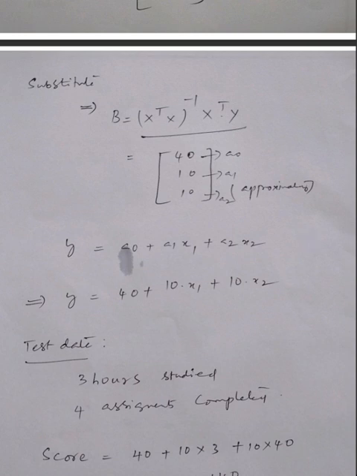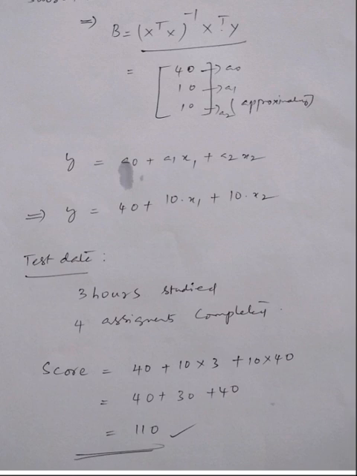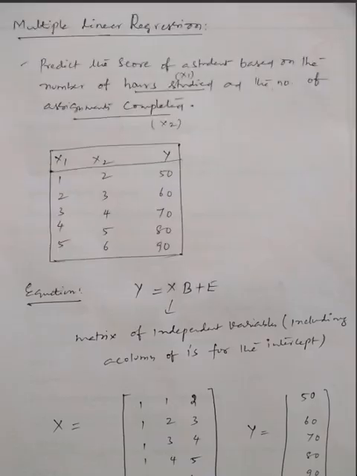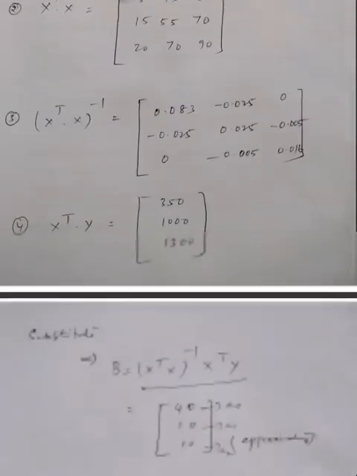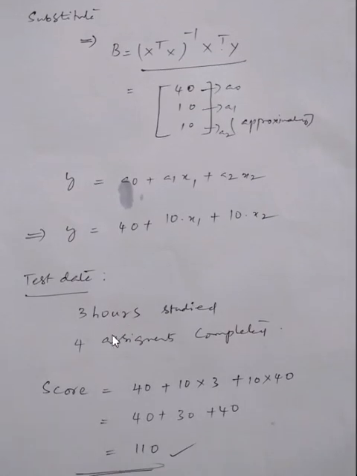Now we are going to test that model with an unseen data set, that is, new data which is not available in the table. If 3 hours are studied and 4 assignments completed, what is the score? Our model needs to calculate that value.